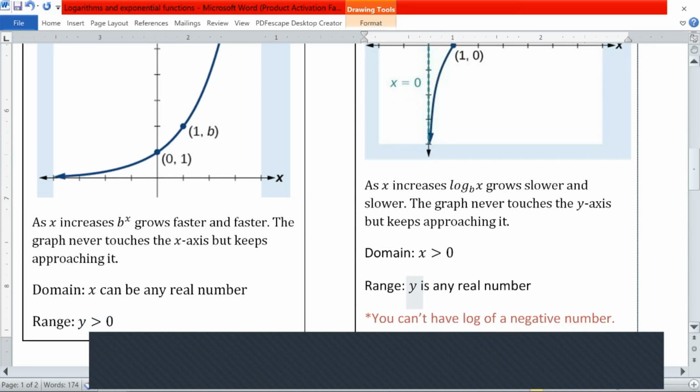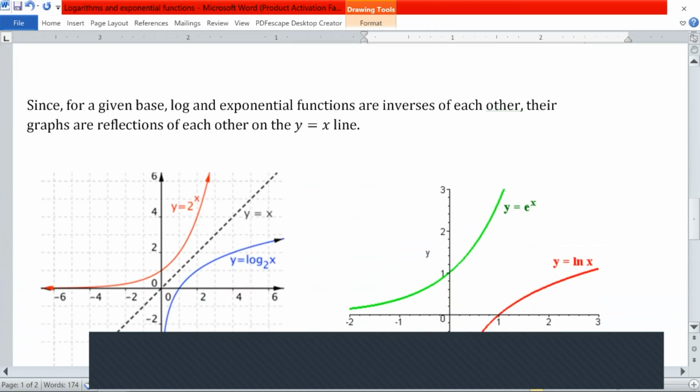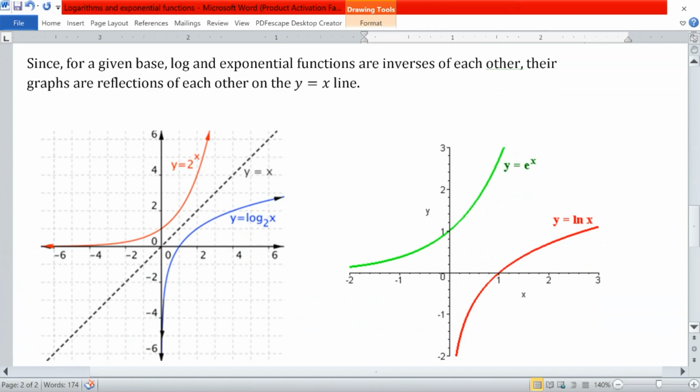And then after this, you have to copy this. I have shown you 2 examples. I have drawn one exponential function graph and its corresponding logarithmic graph on the same grid to show you the inverse nature.